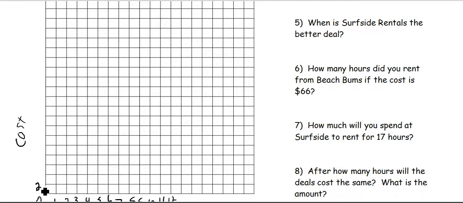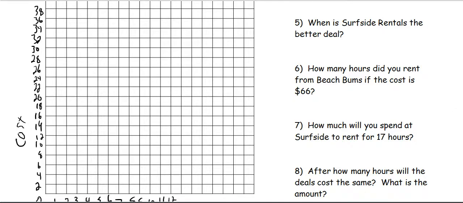So let's go by twos: 2, 4, 6, 8, 10, 12, 14, 16, 18, 20, 22, 24, 26, 28, 30, 32, 34, 36, 38. So hopefully you've got that done.